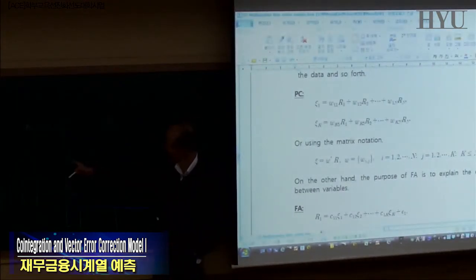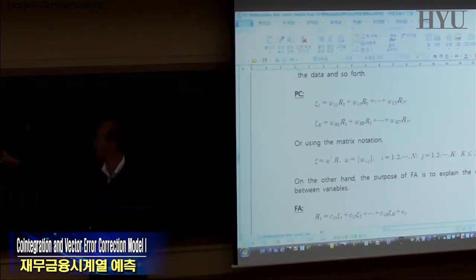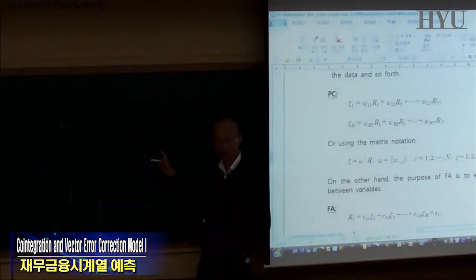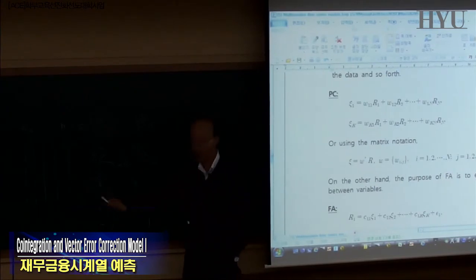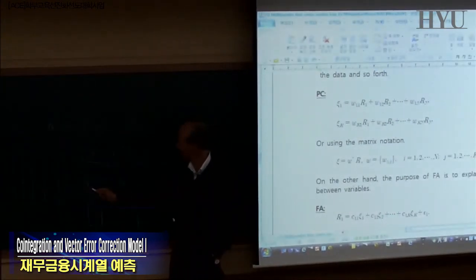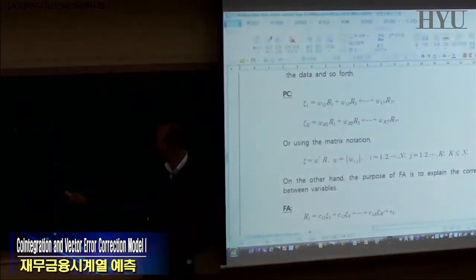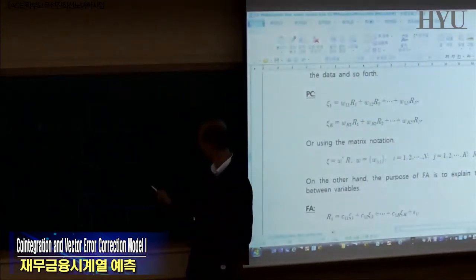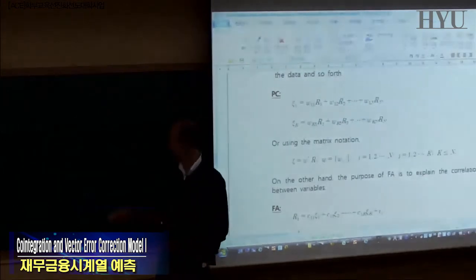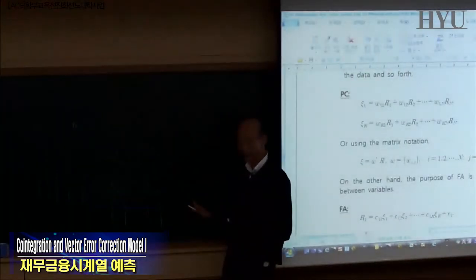Covariance matrix, and the main diagonal is the variance of each series, and off diagonal, these are covariances. So the sum of this is the same as the sum of this. What we can do is calculate the ratio, with the sum of all of them in the denominator.